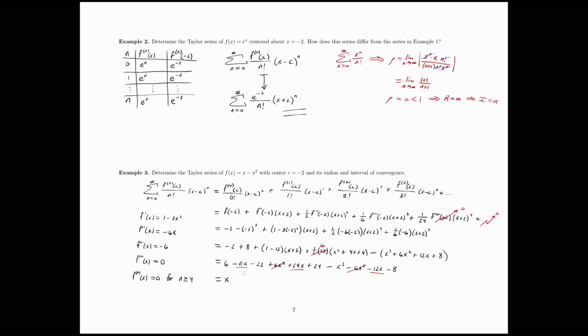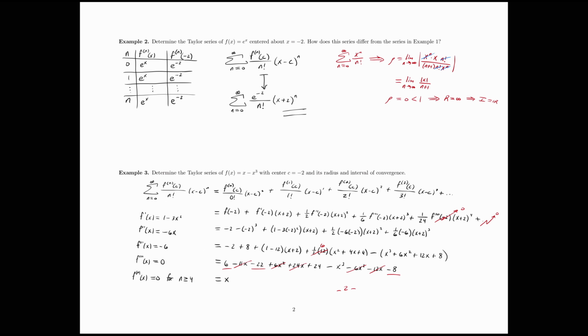If we combine those terms, cancel, cancel, cancel. And then it looks like we have, let's see here, negative 8 and 6 gives us a negative 2.